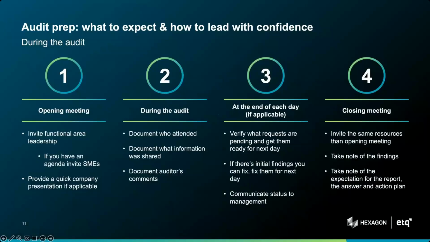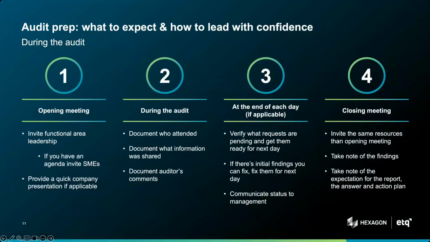During an audit, and this applies to both internal audits or when you get it audited from an external party, the first step is going to be an opening meeting. Generally, you invite the functional area leadership. If you have an agenda ahead of time, you can know who's going to be impacted and who should be invited.